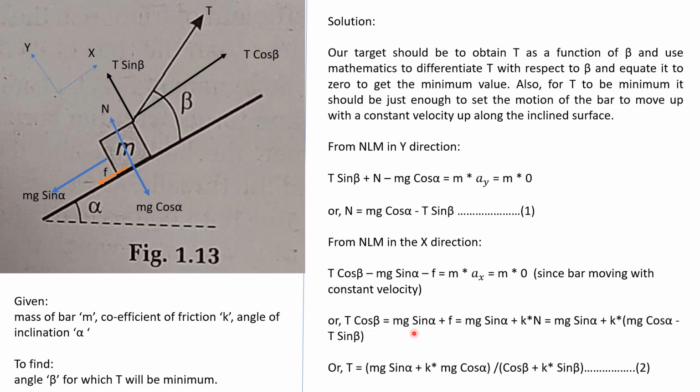So T cos beta equals mg sine alpha plus f, but we know that the sliding friction value is k into N. So mg sine alpha plus k into N, where you can put the value of N from equation 1 and solve for T. This is the equation you get.